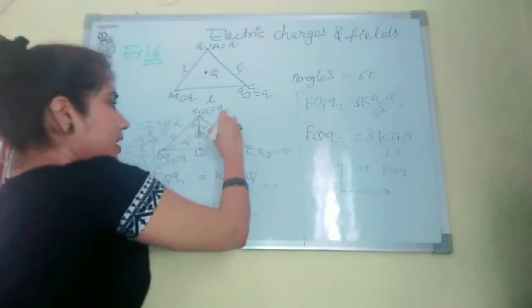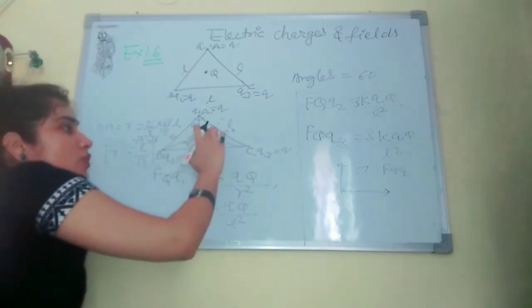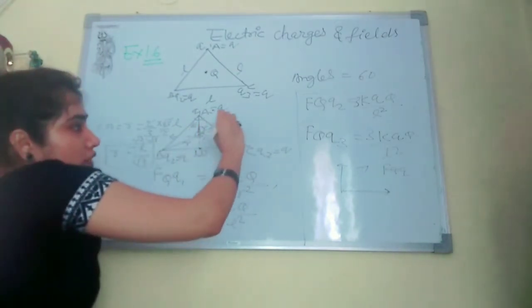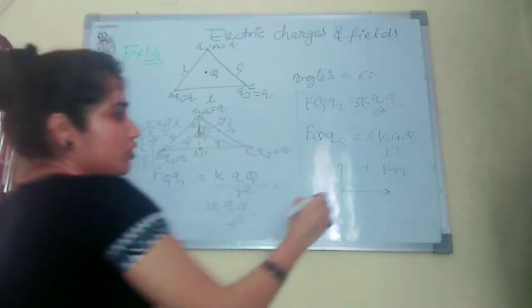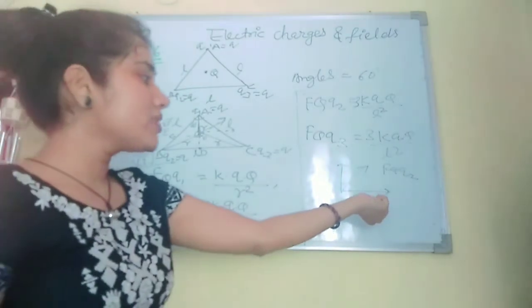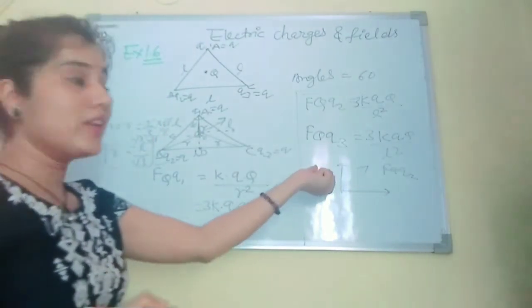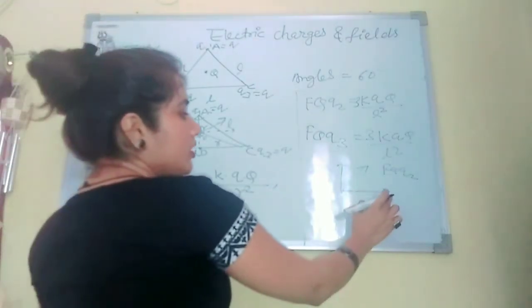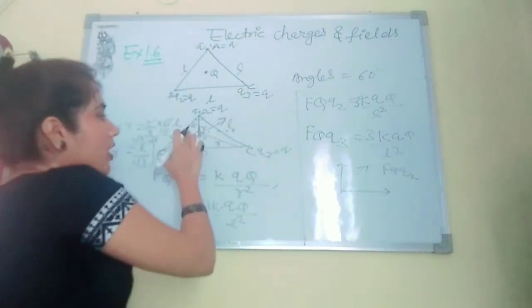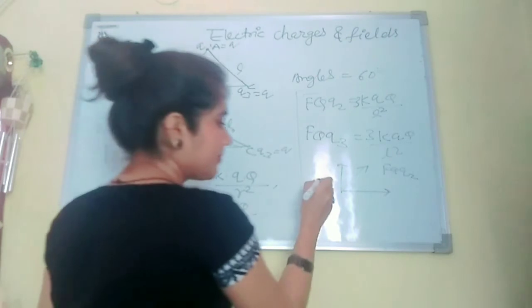Q2 in this direction. If we extend this force, this is applying in this direction, in upward direction. So this is the FQQ2, and this is the x-axis, and this is the y-axis if we are taking the components. And similarly FQQ3 is applying in this direction.